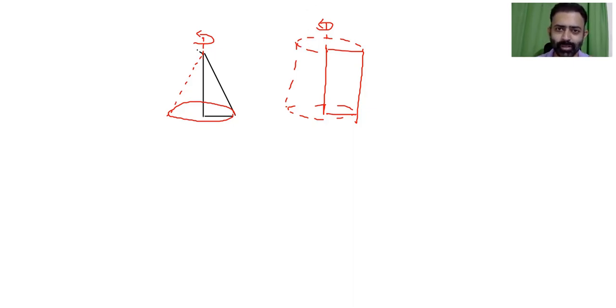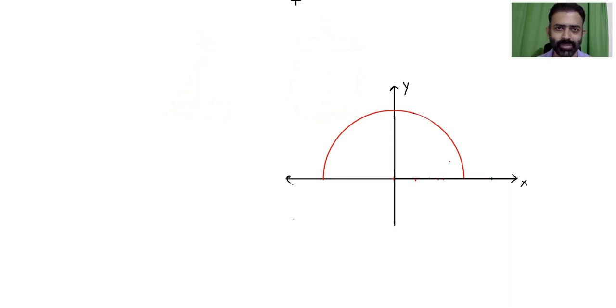So you have been given a semicircle whose center is at O and whose radius is r.